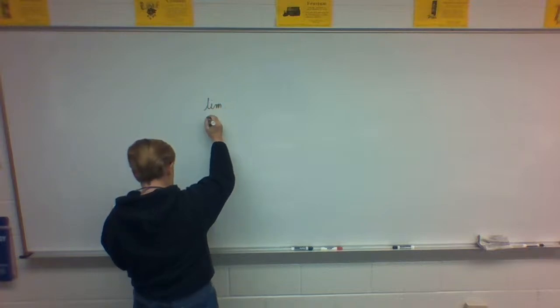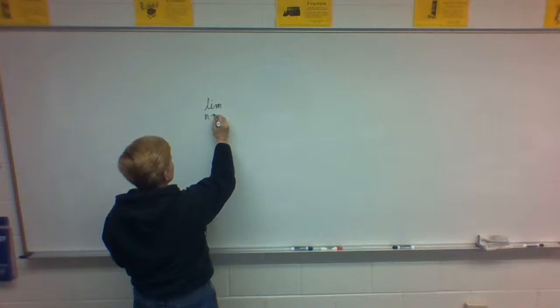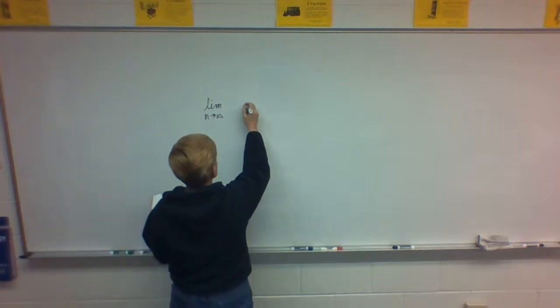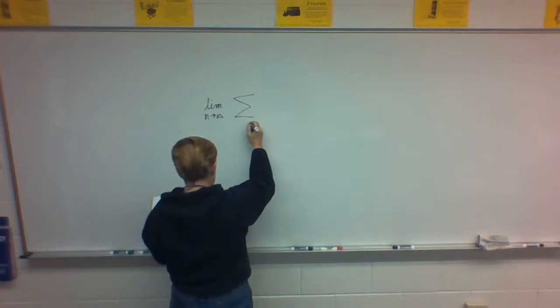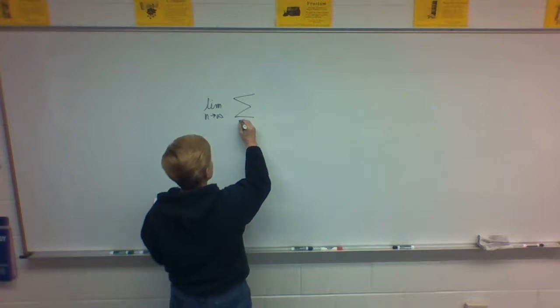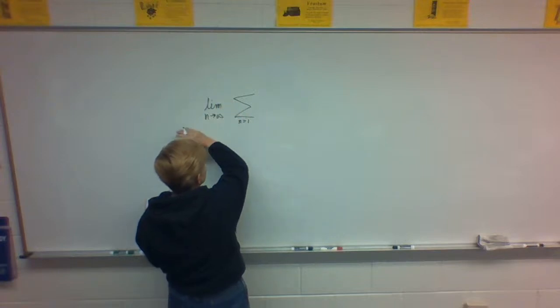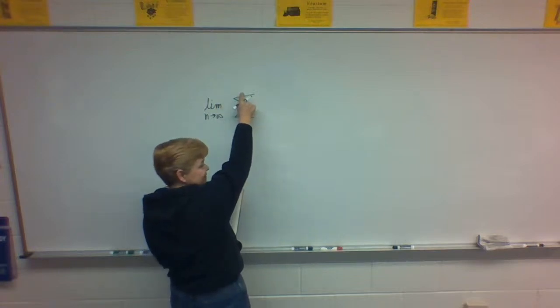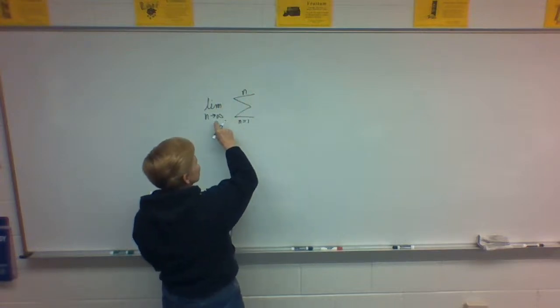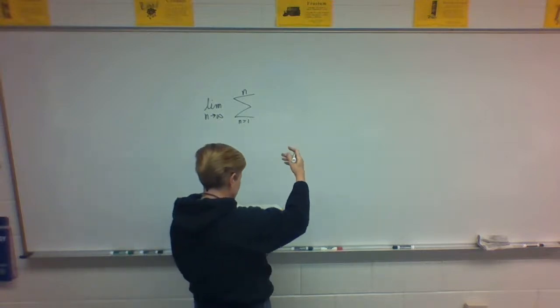So I take the limit as n goes to infinity of the sum from k equals 1 to n. Do you understand that in this limit I could eliminate the limit part and put infinity here? We could, but I want you to clearly understand that this is a limiting situation.